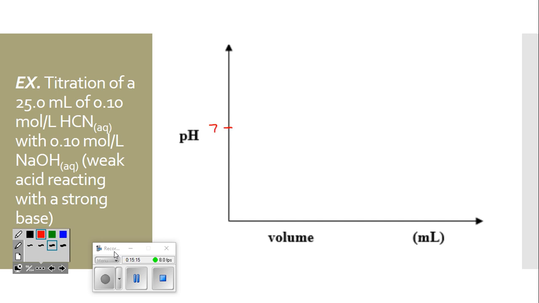Let's put pH 7 right about here. Now I'm going to titrate this, and like it said, weak acid. And I'm going to titrate it with NaOH. So NaOH is my titrant.